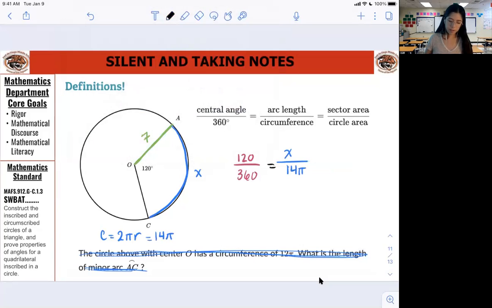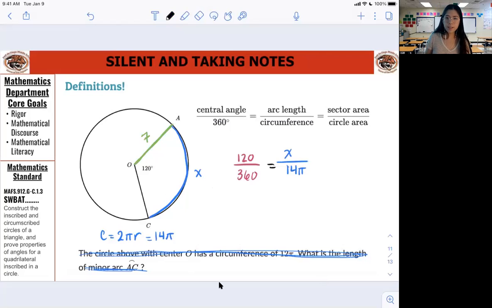Go ahead and find our final answer, and keep your final answer as a fraction.